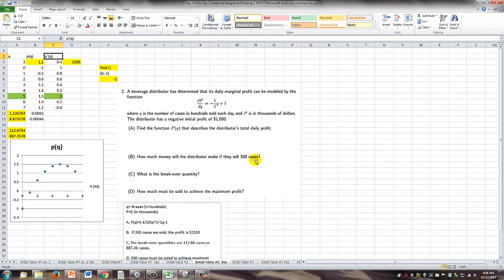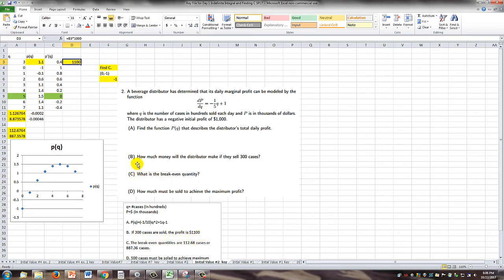Not the change in profit, just the profit. And remember, Q is in hundreds, so if you plug 3 in for Q, your profit is $1.1 thousand because profit is in thousands. So if we multiply by 1,000, we get 1,100. So if 300 cases are sold, the profit is $1,100.